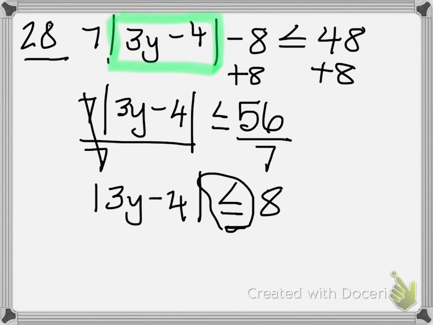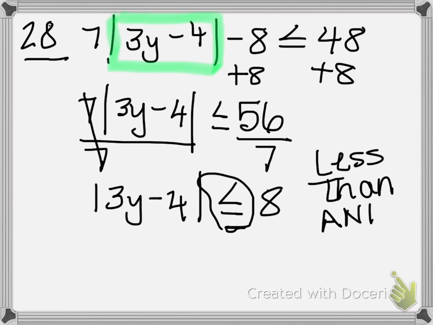So you and I are going to have to talk about this maybe tomorrow. But because this is a less than symbol, I know that this transfers to what we call an and compound inequality.